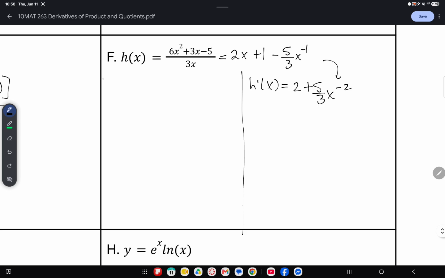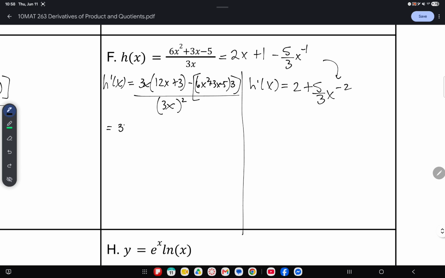And then let's do the quotient rule. So low d high, I don't know why I put 3, that should be 12. Low d high minus high d low, all over low low.